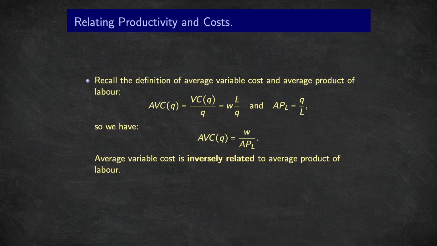The definition of average product of labour was the number of units of output we're producing divided by how many units of labour it takes to produce that output, L.